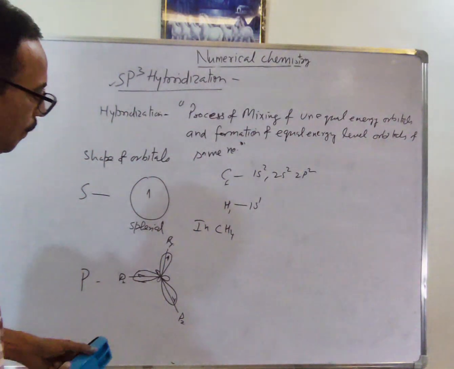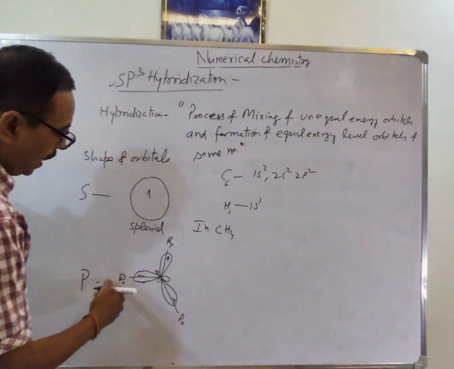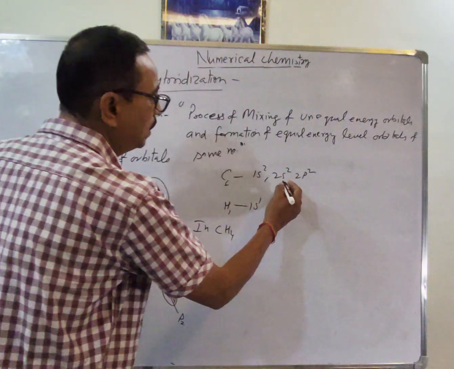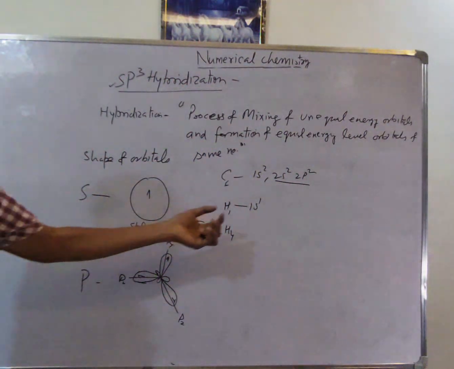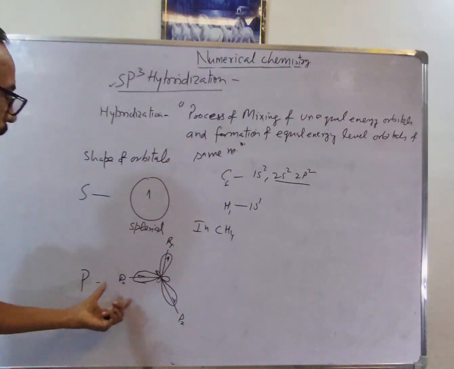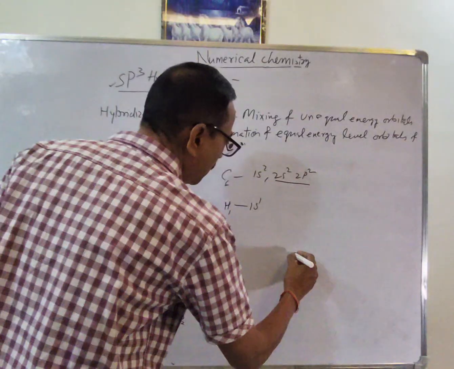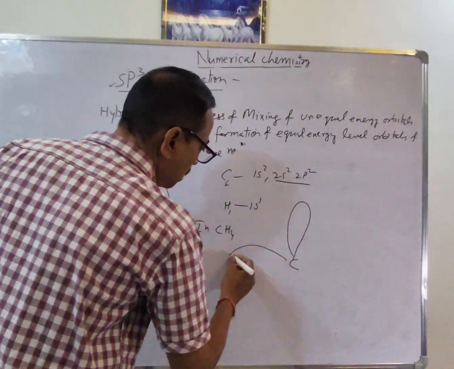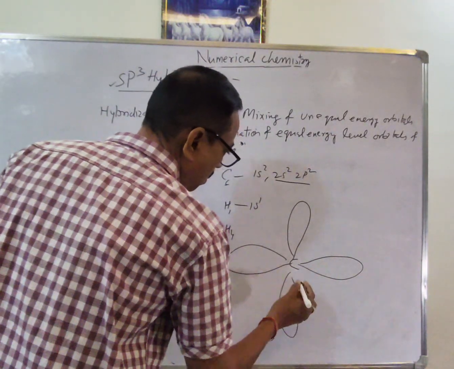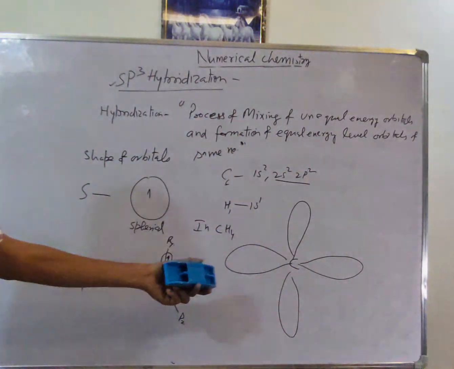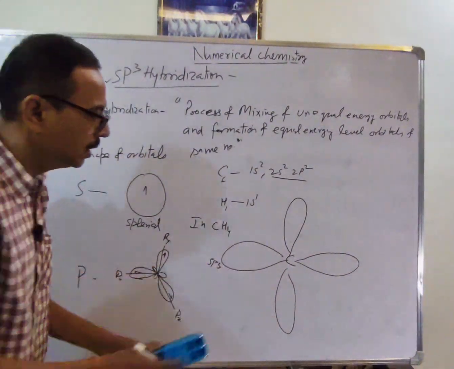So if we see the sp3 hybrid in carbon, if we see the hybridization, there are 4 orbitals. In CH4, carbon has 4 hybrid orbitals. You have seen earlier, 4 of equal energy. This is sp3. We show the hybrid orbital in this type.